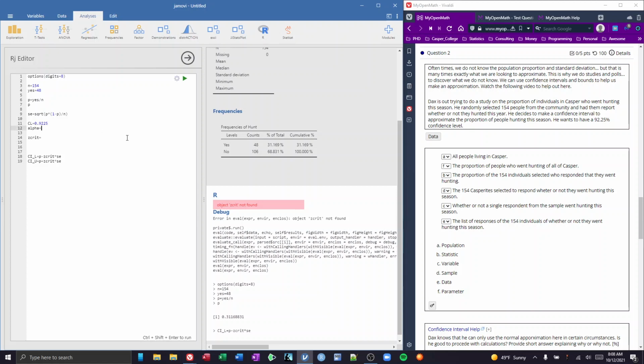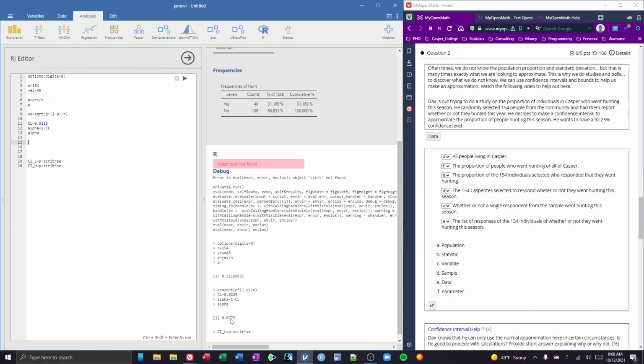Alpha is just the complement of the confidence level. And so I'm just going to do alpha, type it out like that. And let's run this again. And it gives me my alpha of 0.0775.